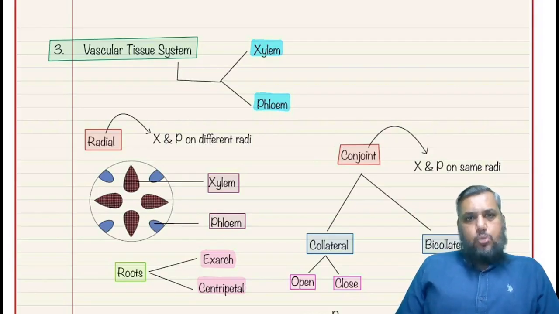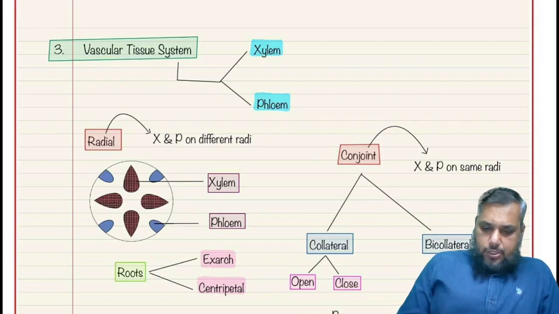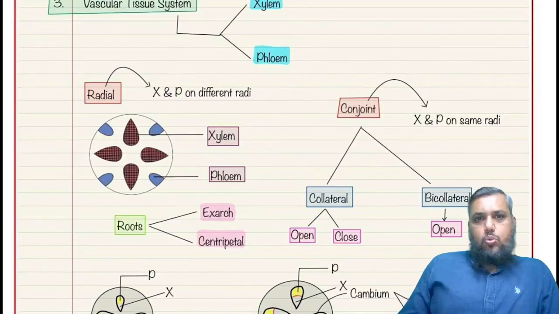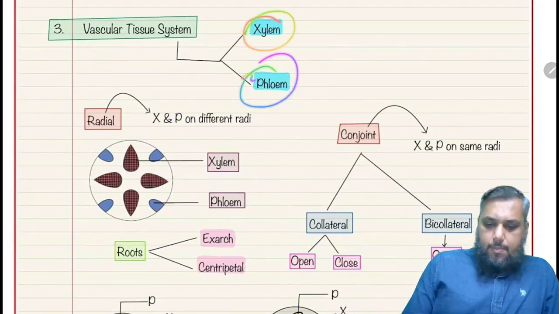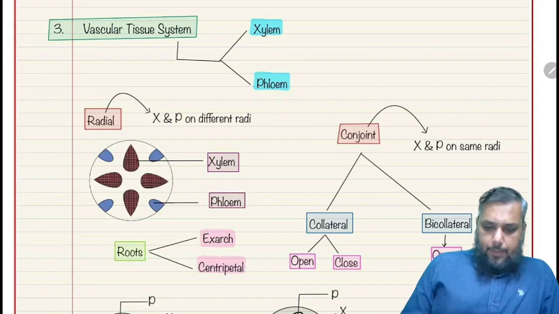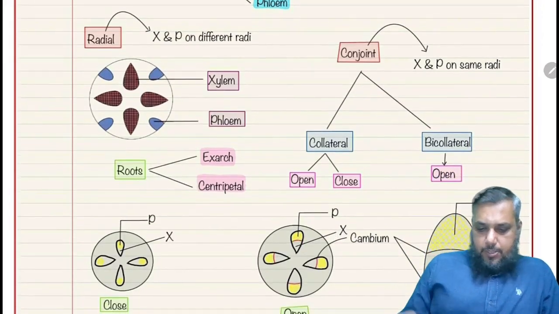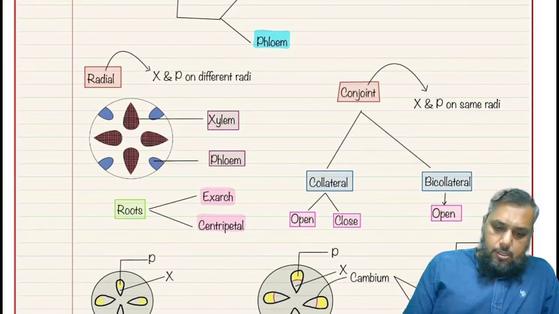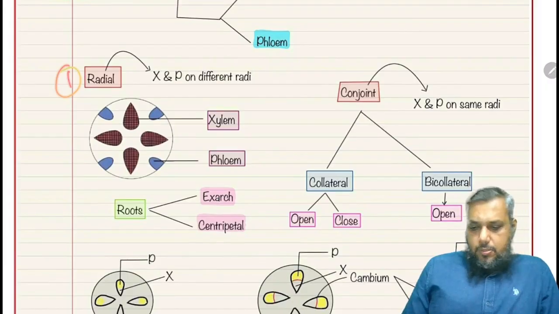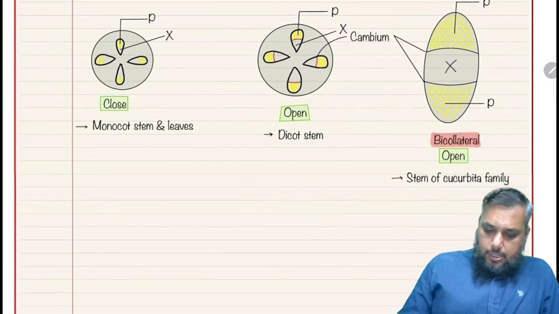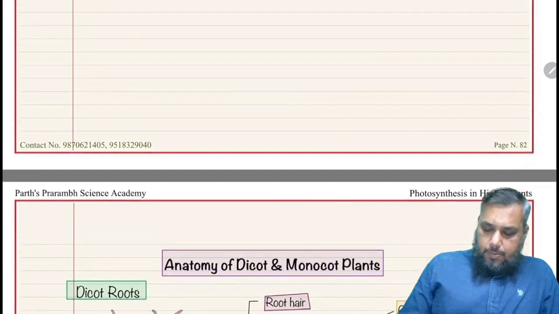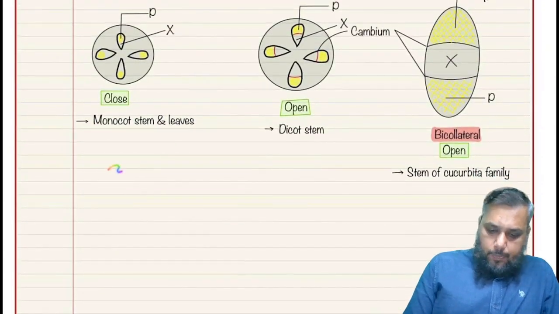Moving further to the vascular tissue system. The vascular tissue system includes the vascular bundles, which are made up of xylem and phloem. Now there are three main types: radial vascular bundles, conjoint vascular bundles, and the third type is concentric vascular bundles.